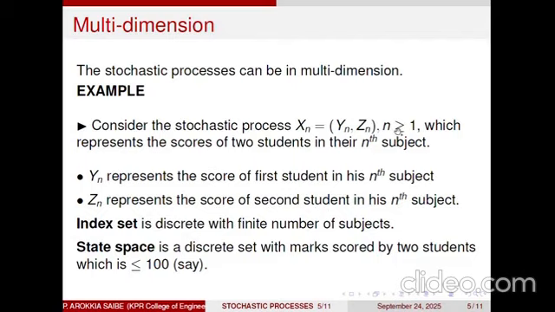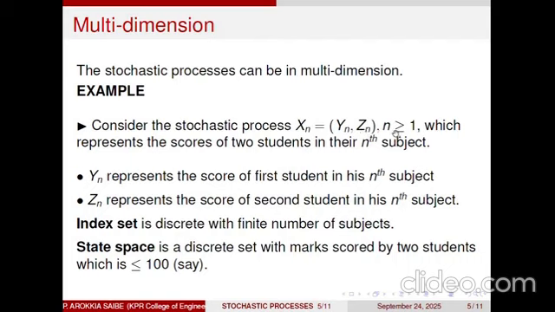Let us take the value of n as 1. If n is 1, then X1 equals (Y1, Z1), which means Y1 is the score of the first student in his first subject, and Z1 is the score of the second student in his first subject.